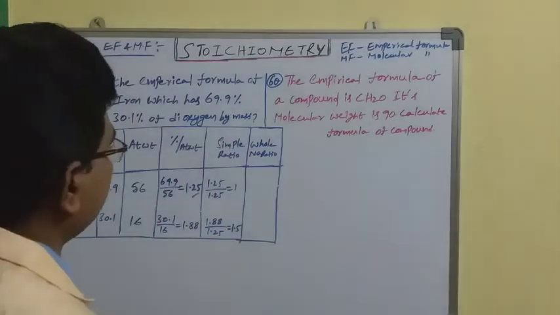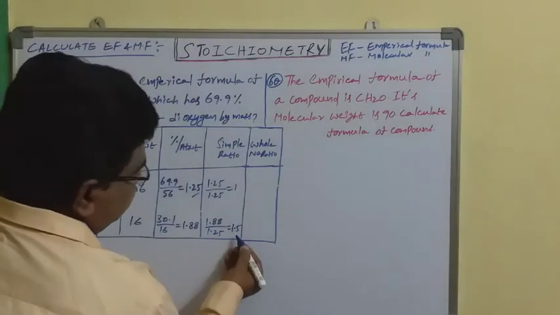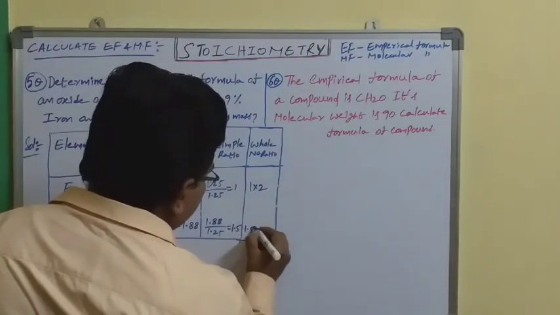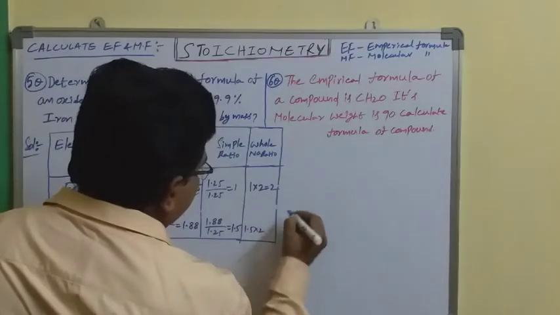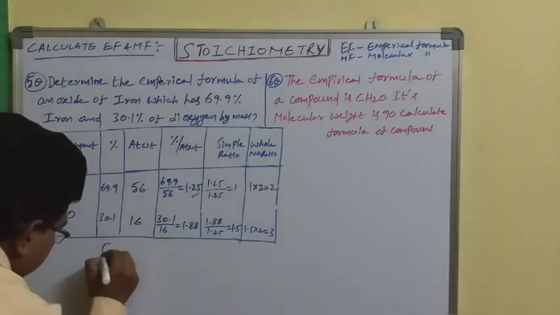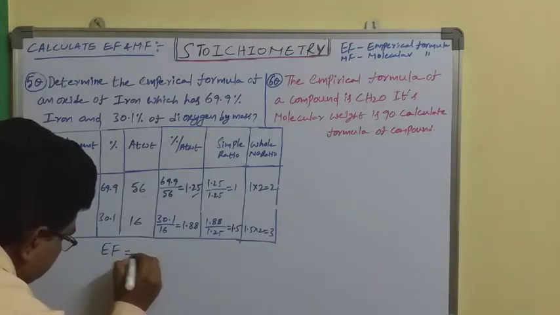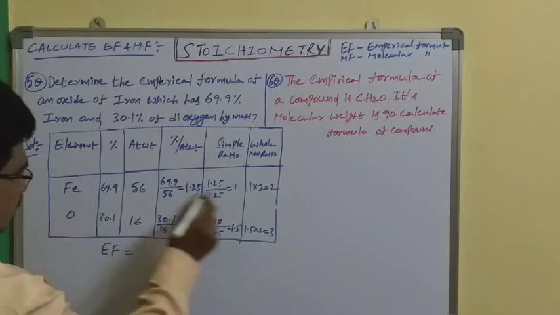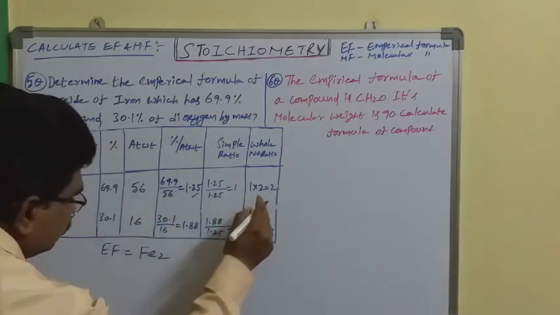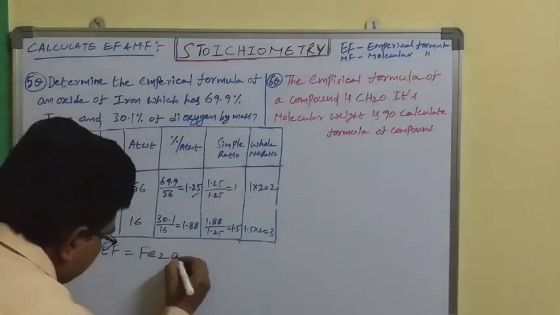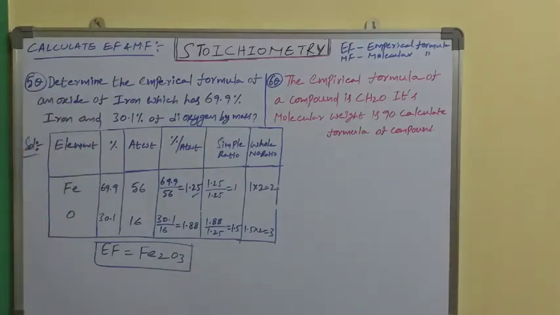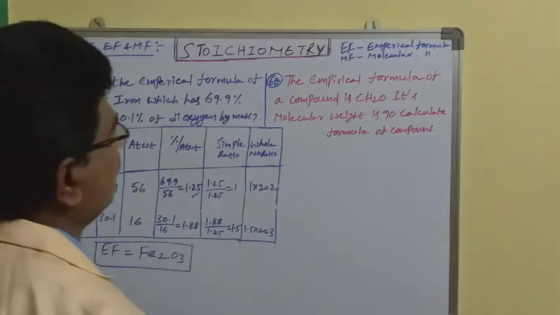Take another column. So this 1.5 is converted into a whole number, that's why I am multiplying with 2. Here we got 2, here we got 3. What is our empirical formula, students? Fe2O3, iron 2, oxygen 3. This is the easy way to calculate empirical formula.